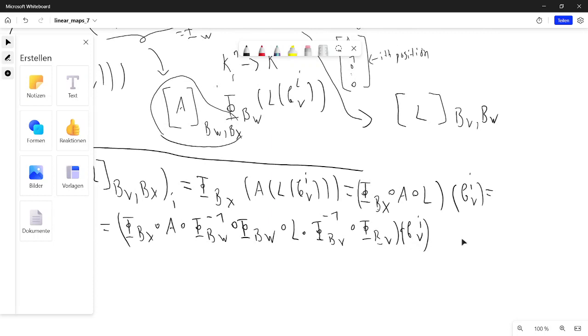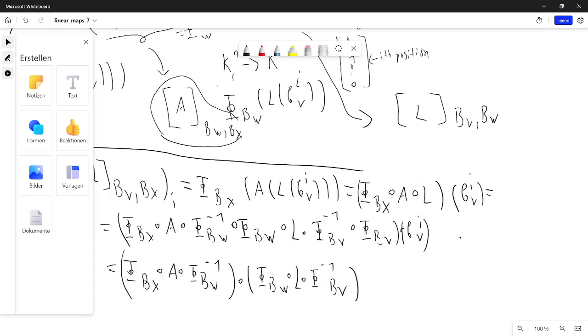Right, so applied to the same vector, and this is, of course, associativity of the composition of maps gives you A, phi B_W minus 1, phi B_W, L, phi B_V minus 1, and this is applied to the vector phi B_V of b_i^V.